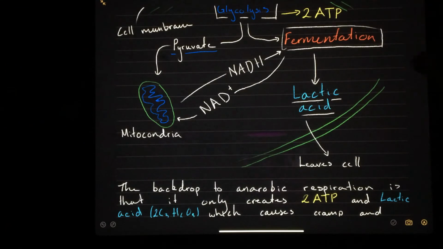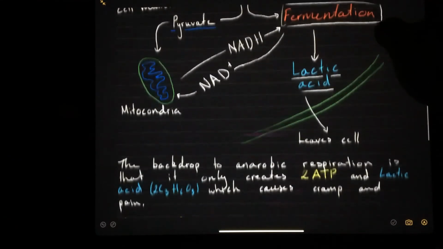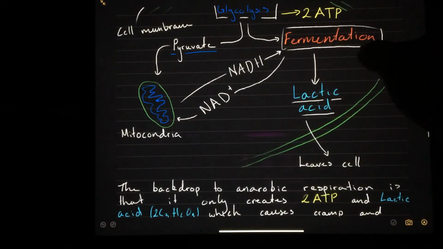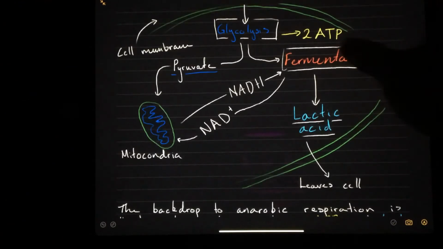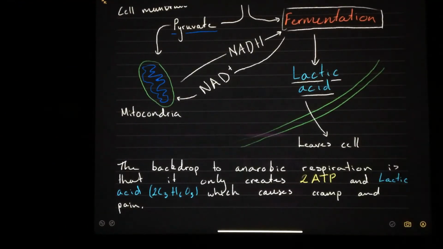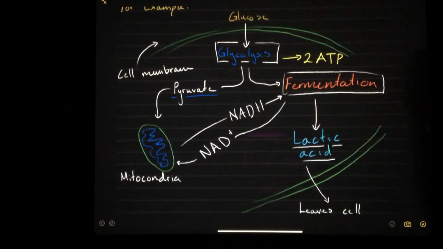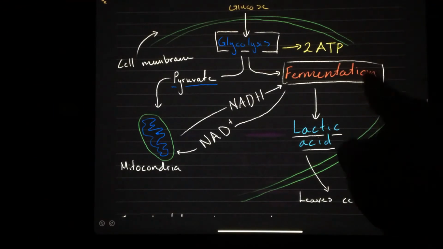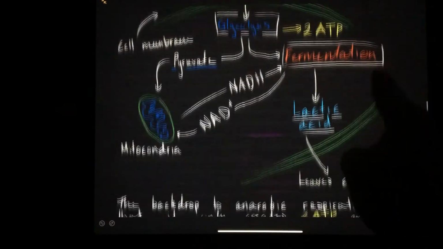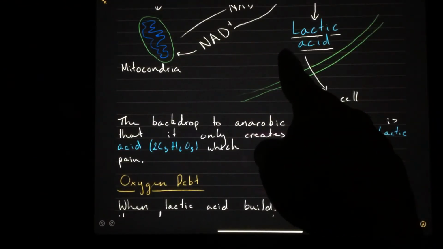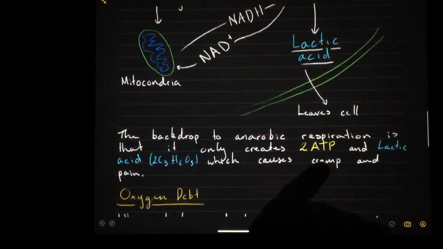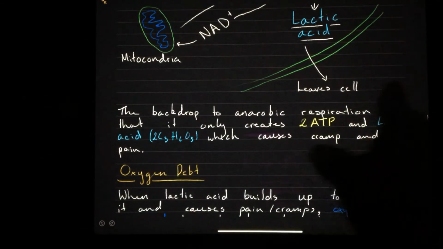However, and yes, animals do in fact undergo fermentation. The fermentation process that has to happen in order to produce the energy creates lactic acid. To summarize, all you need to know is that it creates low energy, with only glucose, and it gives off a waste product of lactic acid, after which this lactic acid leaves the cell.